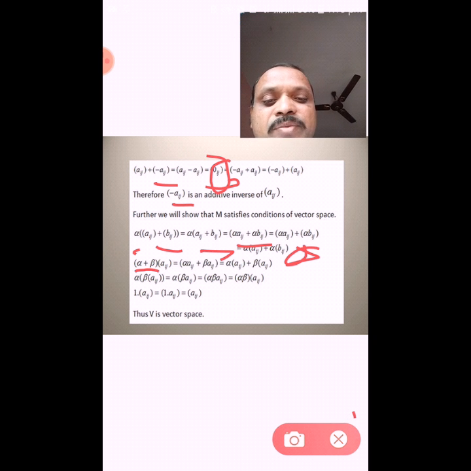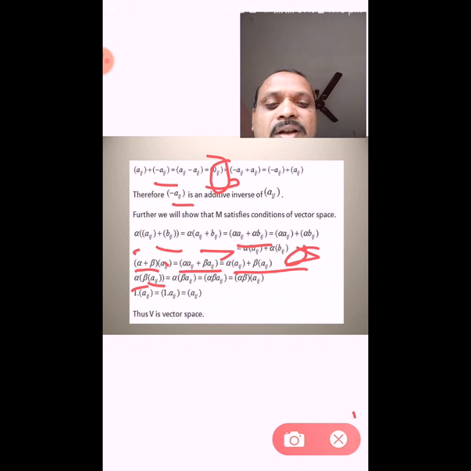Multiply this alpha plus beta by Aij, we get a new matrix, and again separating the scalar. The third one is alpha times beta Aij. Beta Aij, first multiply by beta and then multiply by alpha. So we get alpha beta multiplication and Aij. So we can take alpha beta common as alpha beta Aij. So all the properties of vector spaces are satisfied.